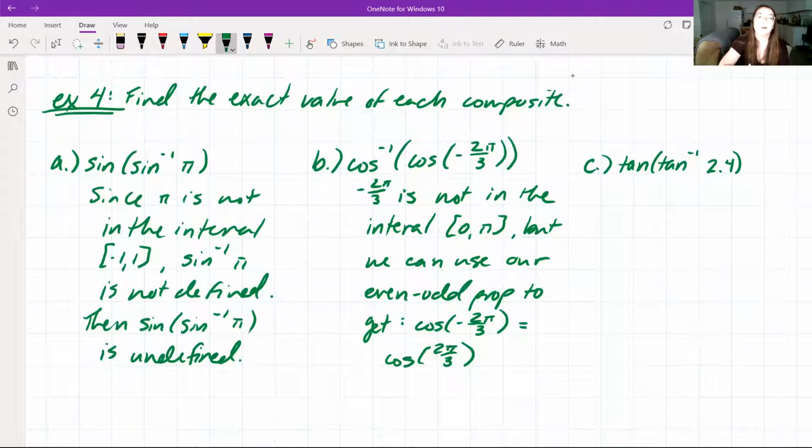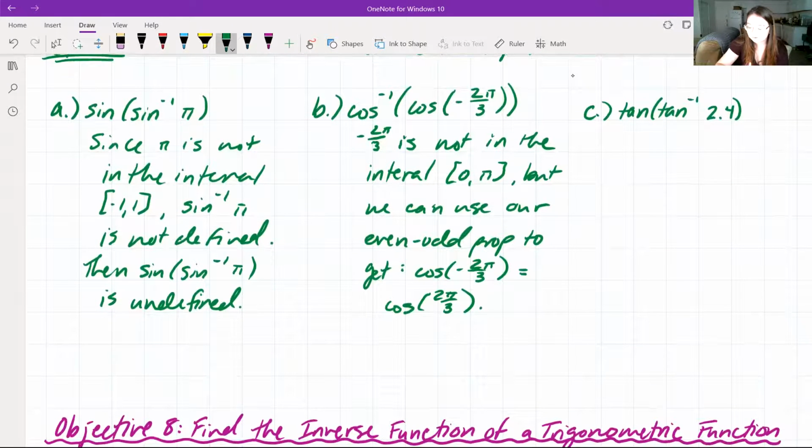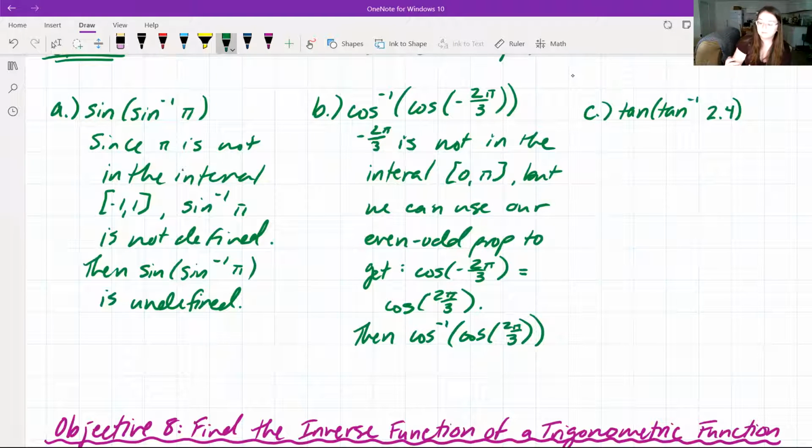They are equal since cosine is an even function. So technically, we can take cosine inverse of cosine of 2 pi over 3 instead. And we might run out of room with this one, but we'll see. Cosine inverse of cosine of 2 pi over 3, which 2 pi over 3 is in our interval.